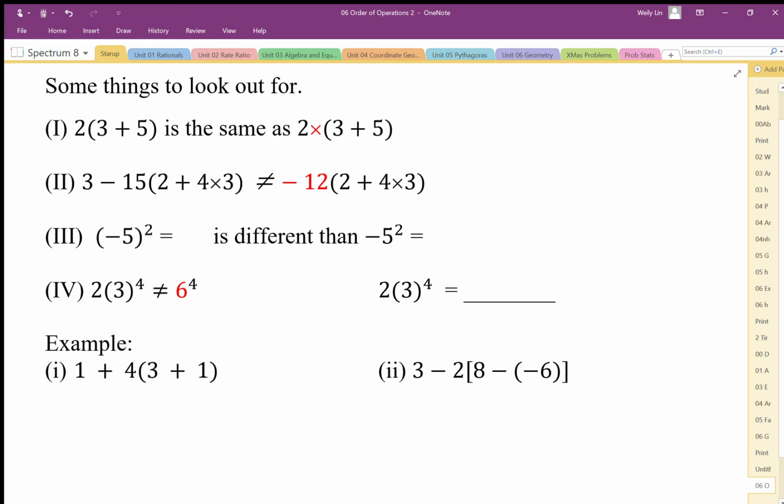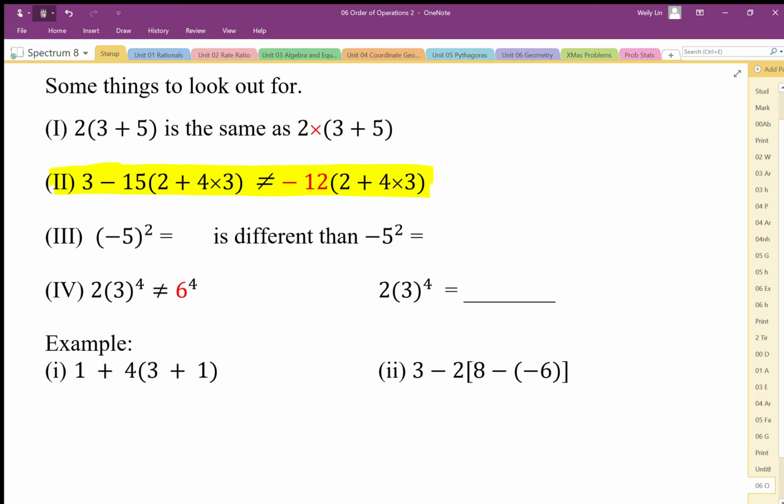Okay, so here, this is one that you really need to be extra careful of. I'm going to highlight this one because this is a common mistake that I see all the time. It's one of the most common mistakes, and this is one I will always put on a test to see if you make it or not.